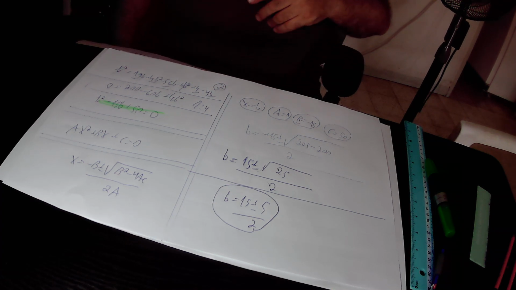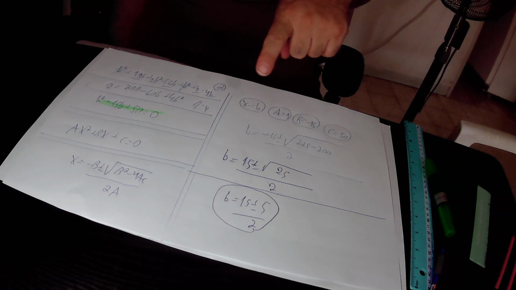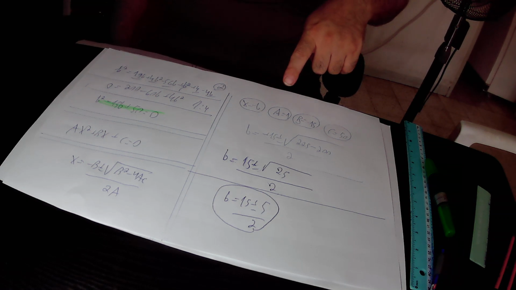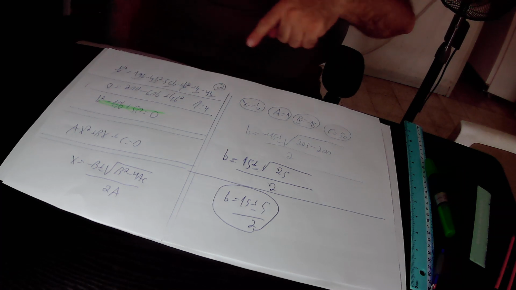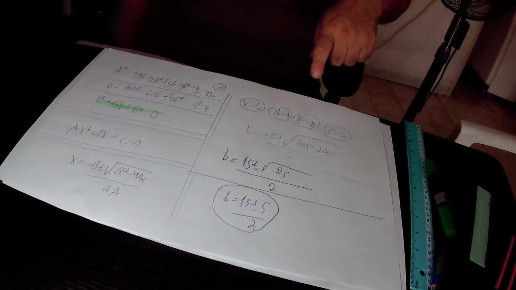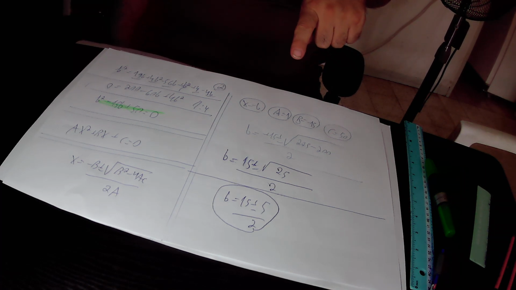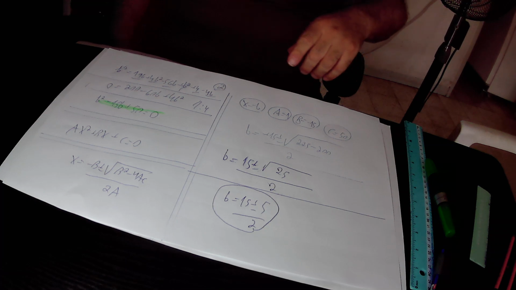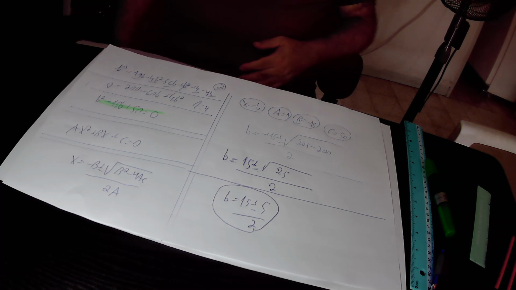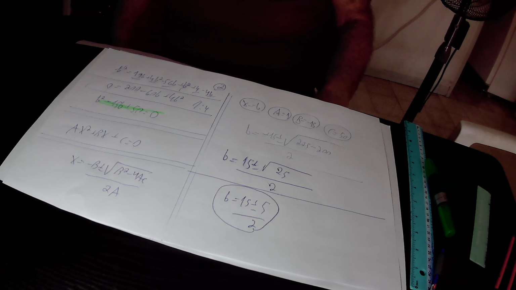So we substitute x by b, because x equals b. So b equals minus B, plus minus the square root of B squared minus 4ac, over 2a. B is minus 15, therefore minus B is plus 15, and B squared is minus 15 squared, that is 225.